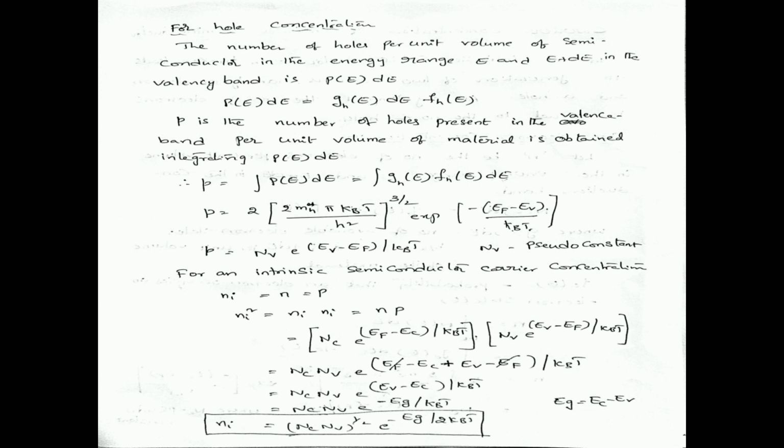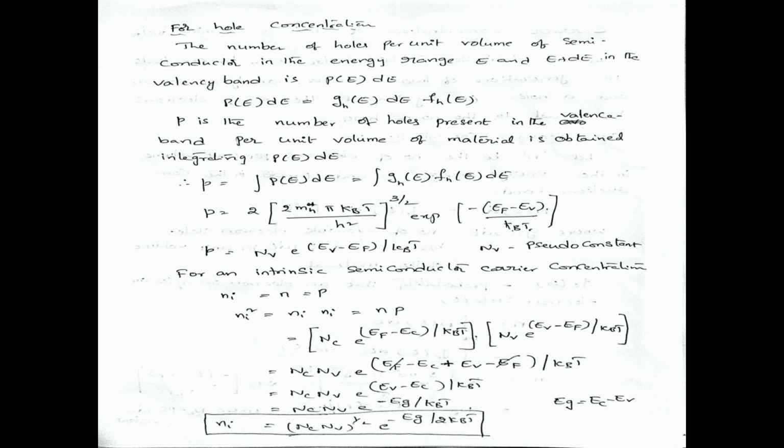It is obtained by integrating P of E dE, which is GH of E FH of E dE. Integrating this term, we obtain 2 into (2 pi mh star kBT by h square) power 3 by 2 exponential minus (Ef minus Ev) by kBT.